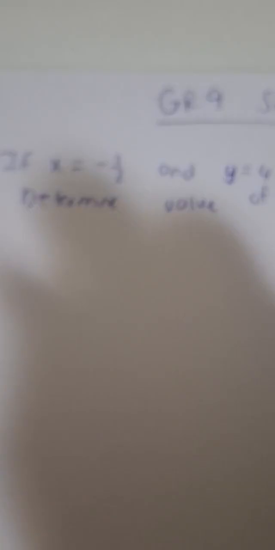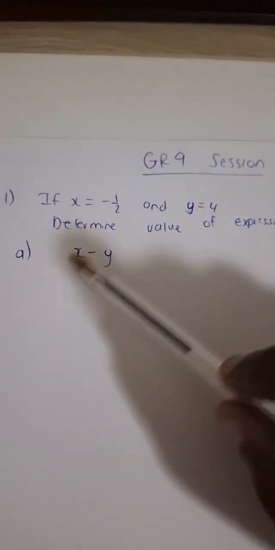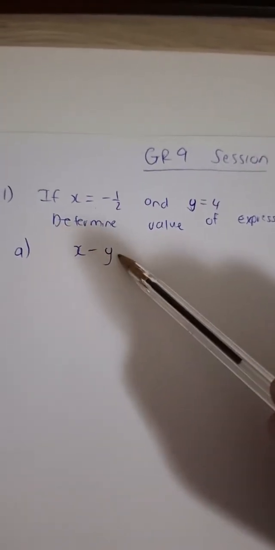Let's look at a few. Let's say the expression is x minus y. All right, so obviously you guys know that x is equal to -12, y is equal to 4. How do I approach a question like this?